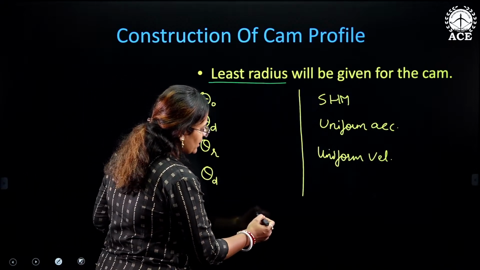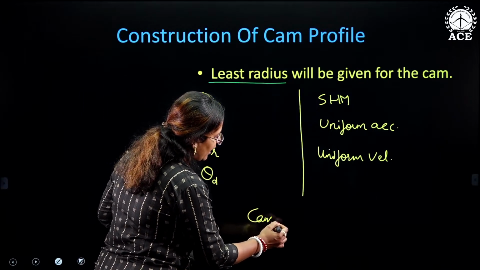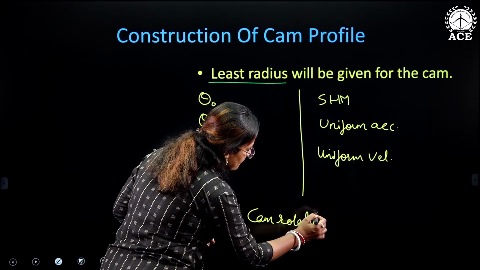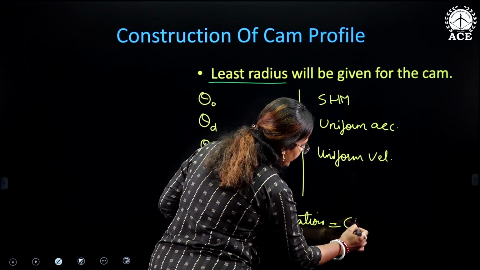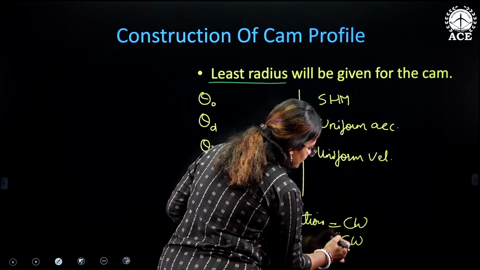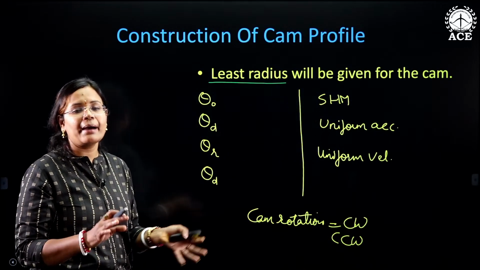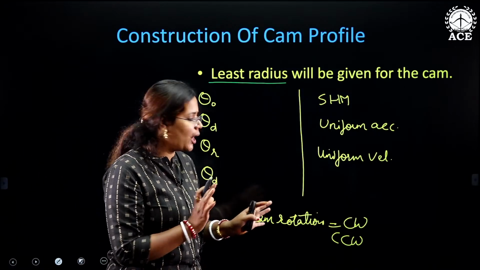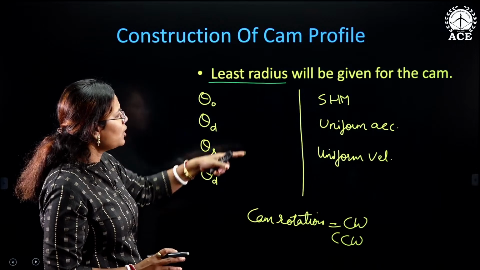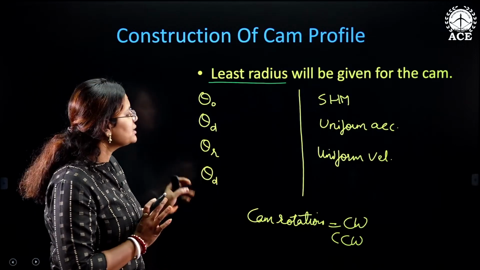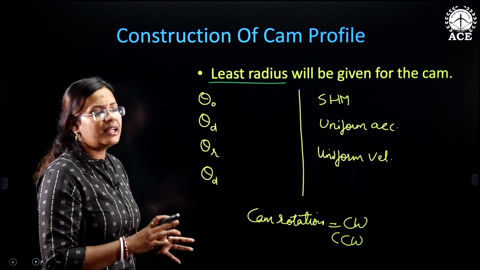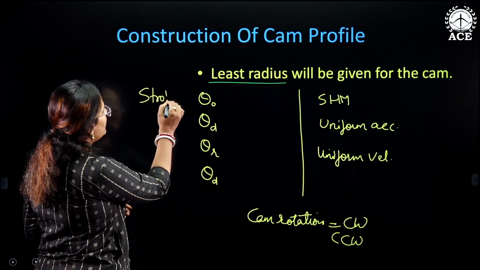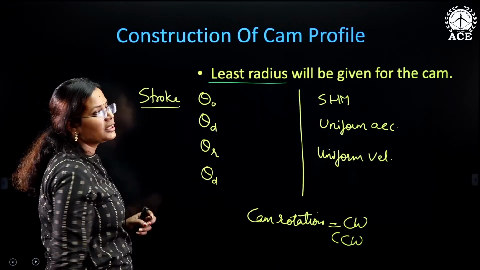Also, you should know whether the cam rotation is clockwise or counterclockwise, because I'll show you how it matters. So if these conditions are already given, then stroke is also required. The stroke will decide how the displacement diagram is drawn.